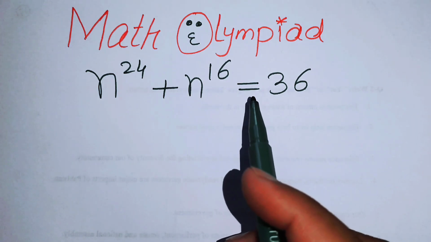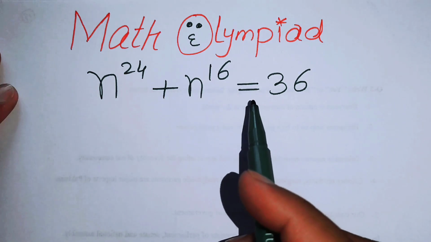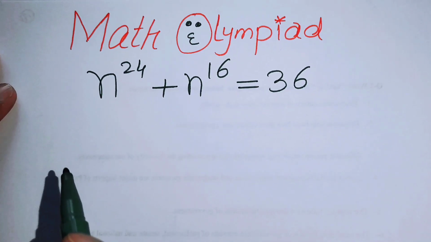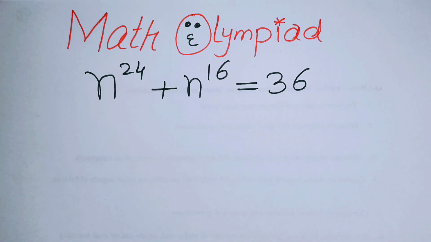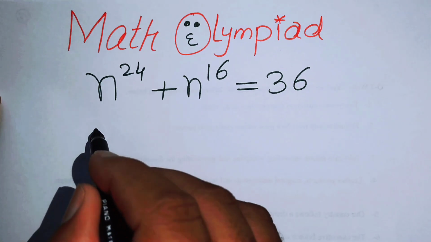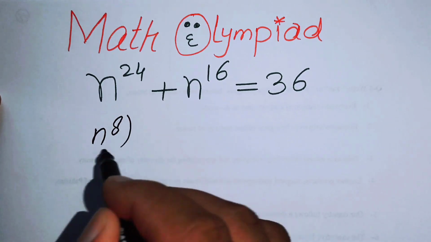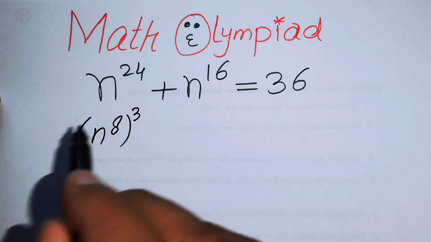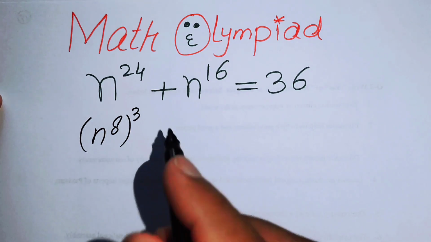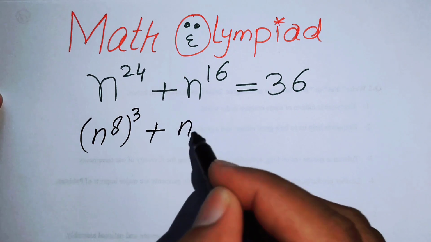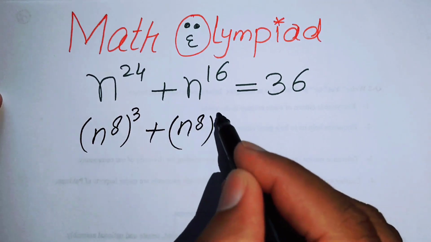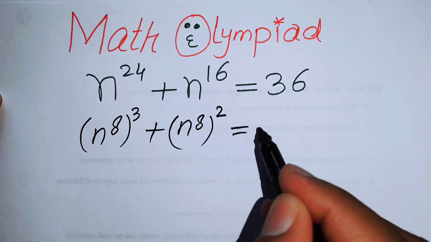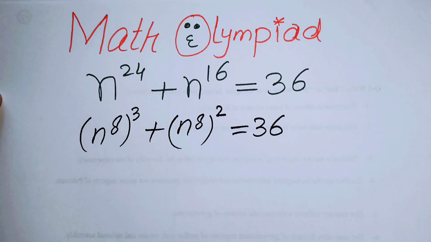So the very first thing we are going to do is rewrite this equation as n to the power of 8, whole cubed, plus n to the power of 8, whole squared, equals 36.